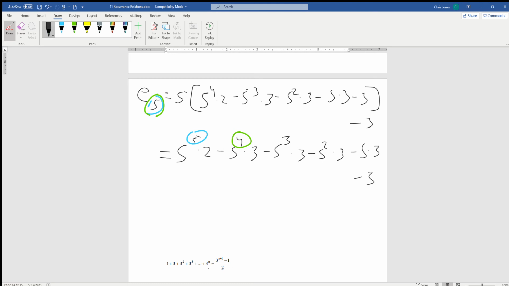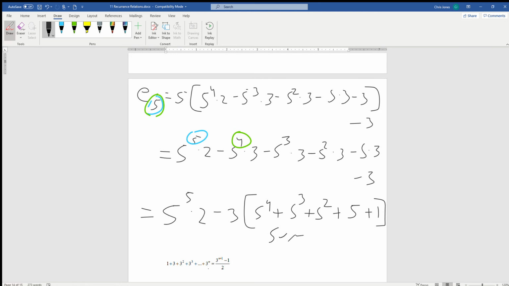So it might be beneficial for us to factor out that -3 and rewrite this as 5 to the 5th times 2 minus 3 times the quantity of 5 to the 4th plus 5 cubed plus 5 squared plus 5 plus 1. And then we need to figure out one of the closed forms that fits this pattern. And again, we see that this is the sum of the powers of 5.